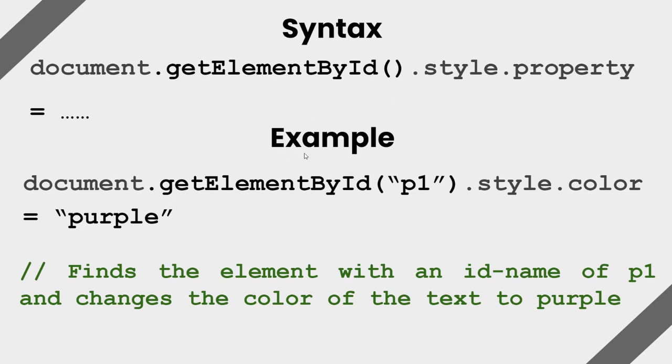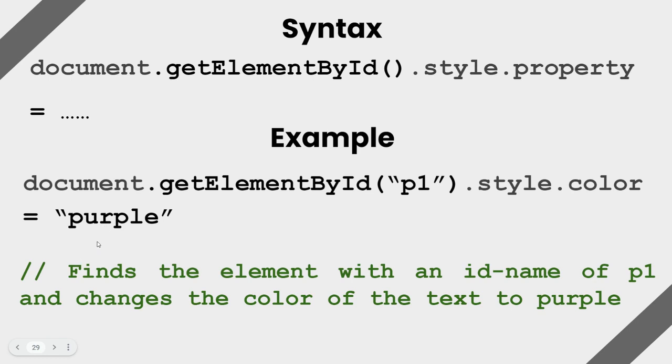So going over to the example, we also have it begin with the document object, then followed by the method here, which we already know to be getElementById. And next we've defined it with the .style syntax here. Now after you have your .style, you then go over to the exact property you want to change. And here we have this to be .color, which is assigned the value of purple.